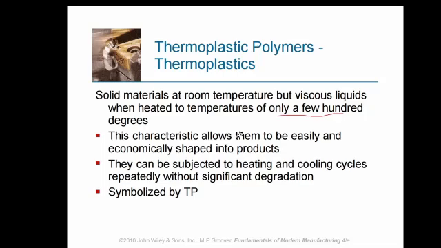And this characteristic or property allows them to be easily and economically shaped into various shapes or products, because you can mold them into a certain shape, then allow them to set or to become solid again. So you can heat and cool them repeatedly, and they won't lose their form and they will not degrade.